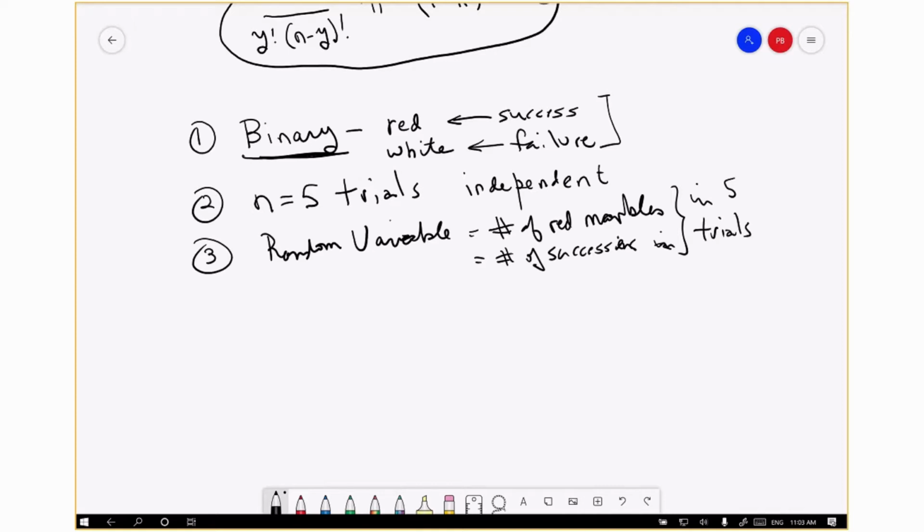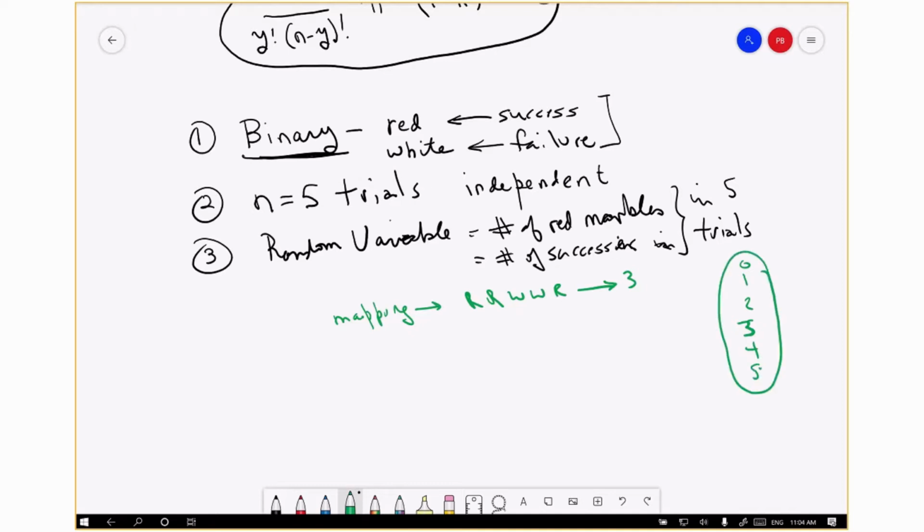This may be overkill, but just to reiterate, the concept of a random variable, which is so important, we've seen it in 2 different contexts. One is as a mapping, so that would take red, red, white, white, red, and map that onto the number 3. Or the other way we can think of it is the set of all possible values, the number of red marbles in 5 trials.